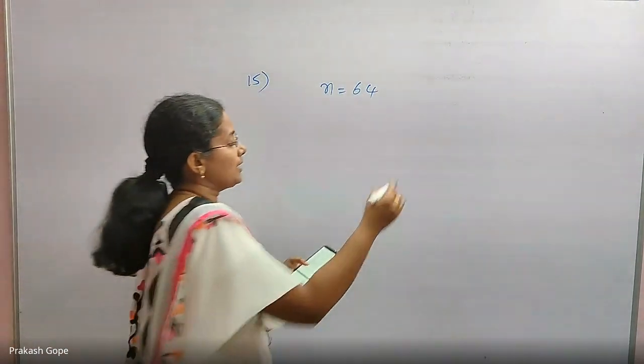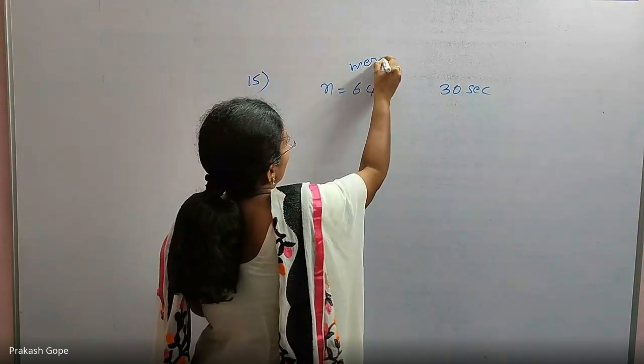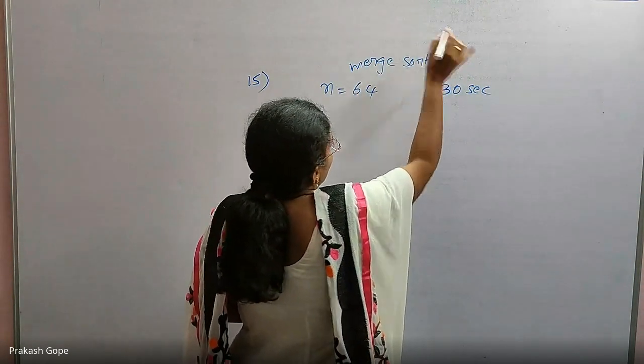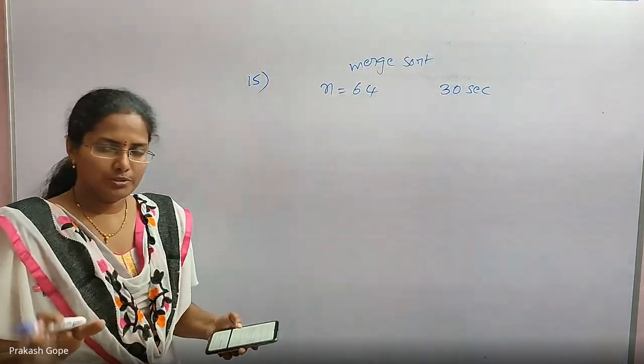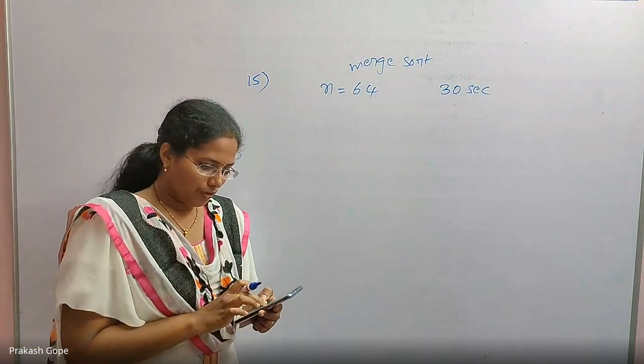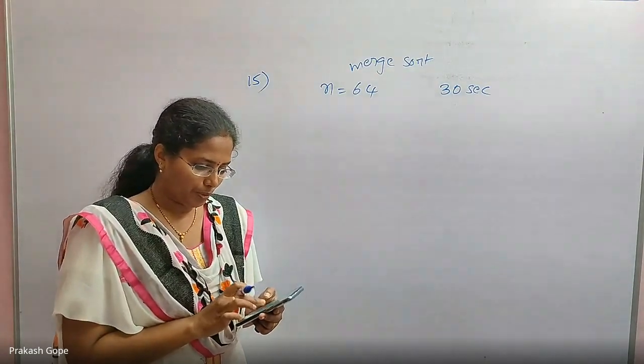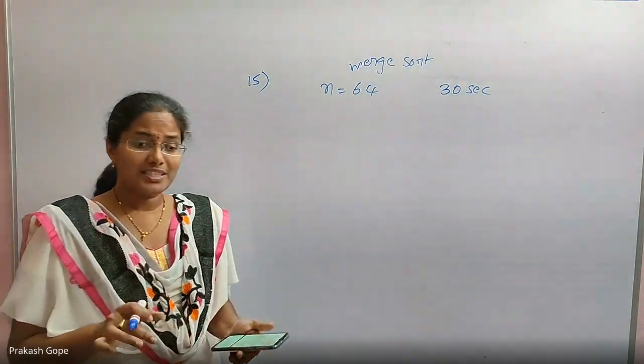The time taken is 30 seconds. For merge-sort, of course, irrespective of the order of the elements, time complexity is n log n. Which of the following most closely approximates the maximum input size of a problem that can be solved in 6 minutes?